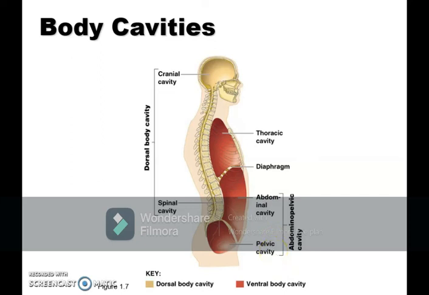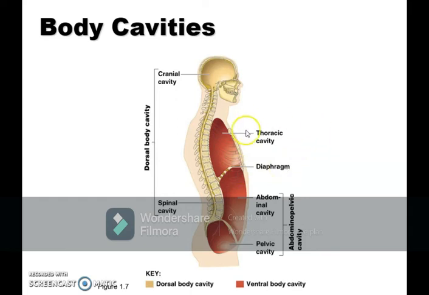The ventral cavity is subdivided into the thoracic and the abdominopelvic cavity by the diaphragm, which is a dome-shaped respiratory muscle.